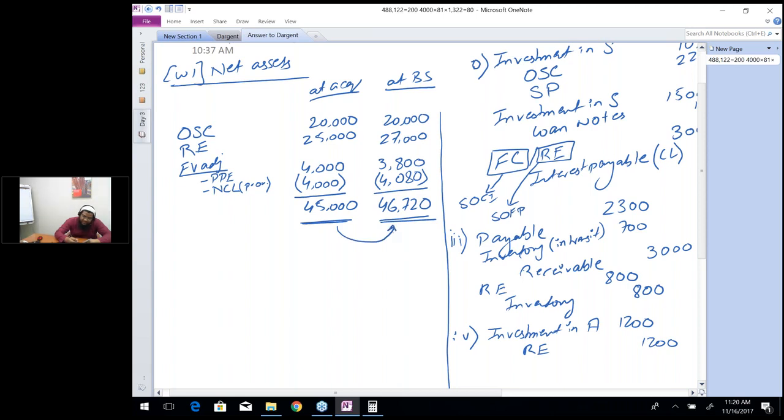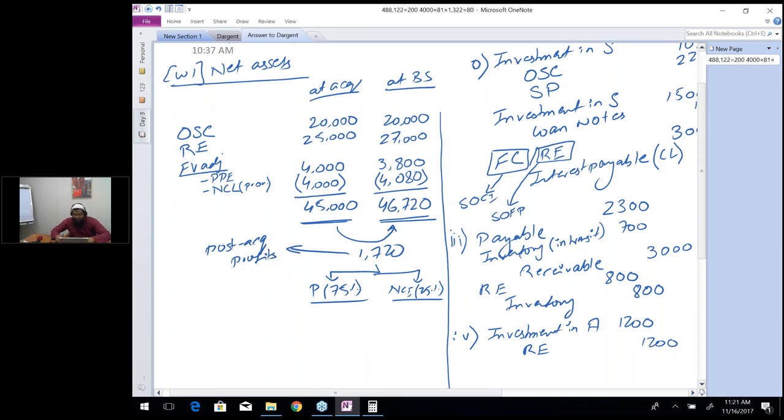So the increase in the net assets is now 1,720, and the parent has a 75% share in this, and the NCI has a 25% share in this. So this 1,720 is actually the post-acquisition profits.